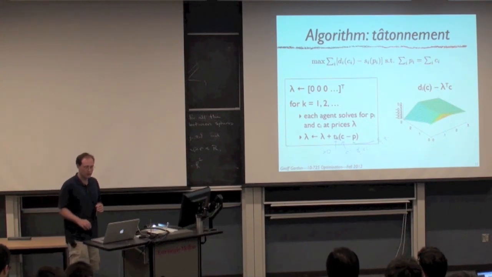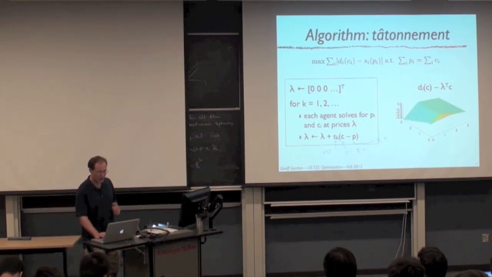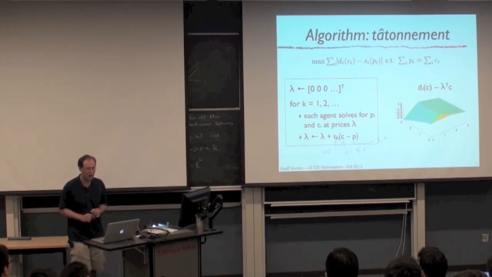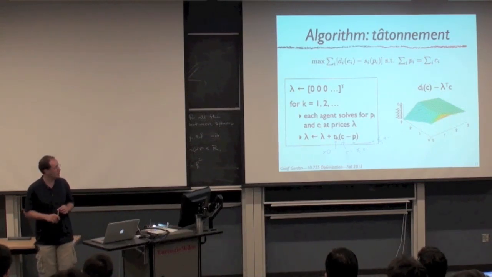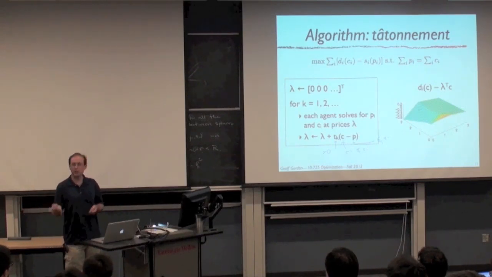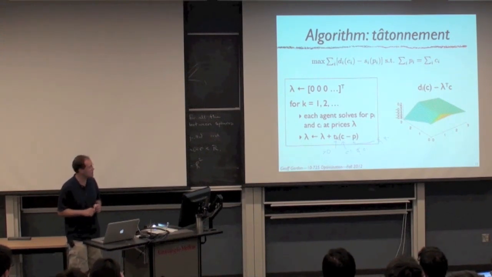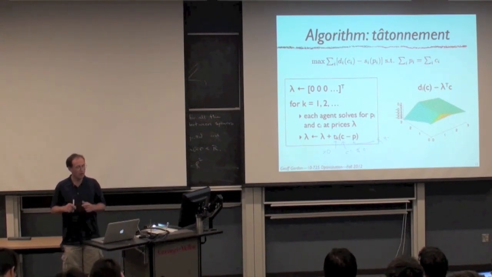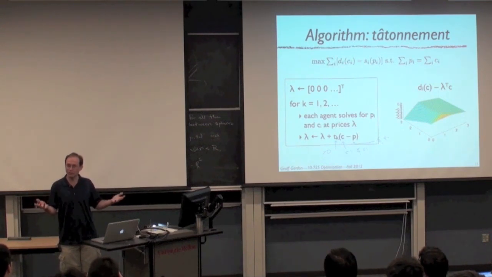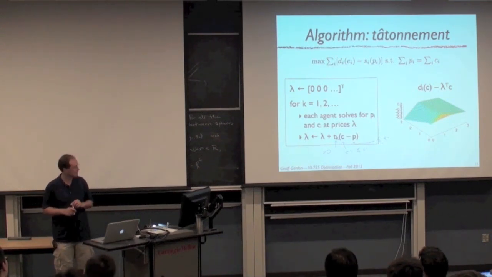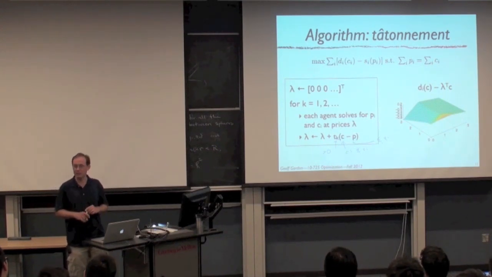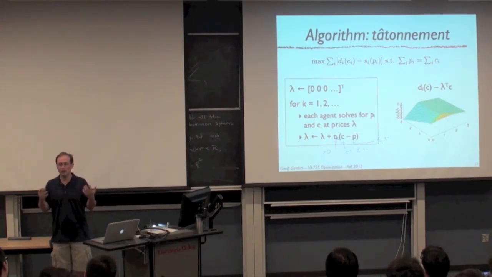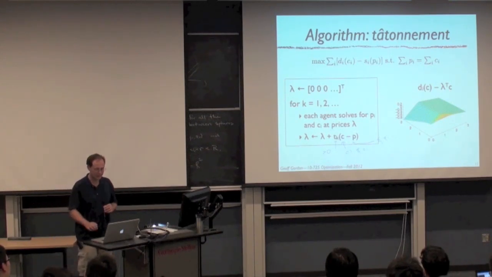So what's that going to do? That's going to make it so that if consumption is higher than production, the prices are going to increase. That seems reasonable. If it's the other way around, if production is higher than consumption, the prices are going to decrease. And so that should hopefully help to correct the imbalance. And so hopefully after a whole bunch of iterations of this, we converge and get to a Walrasian equilibrium. Okay?